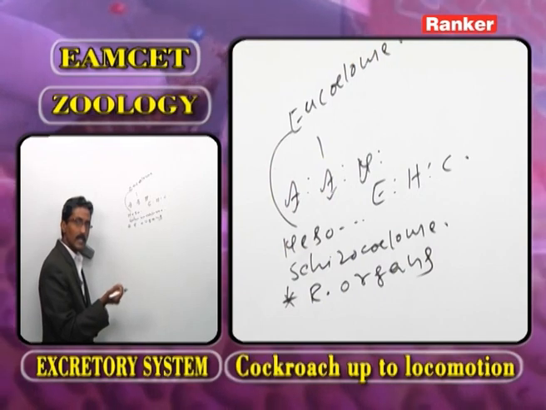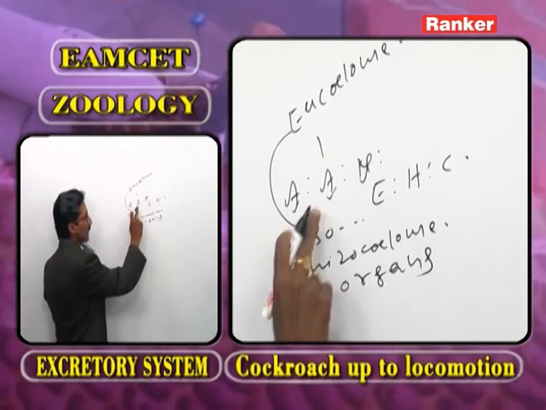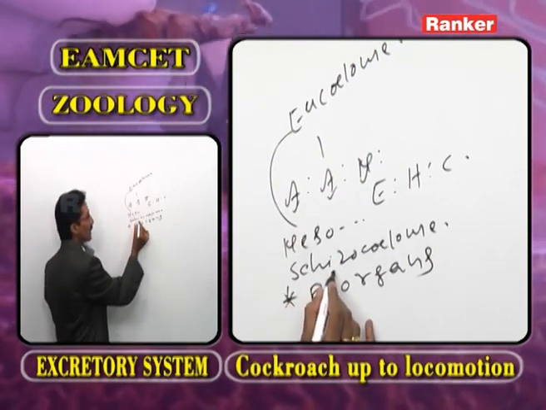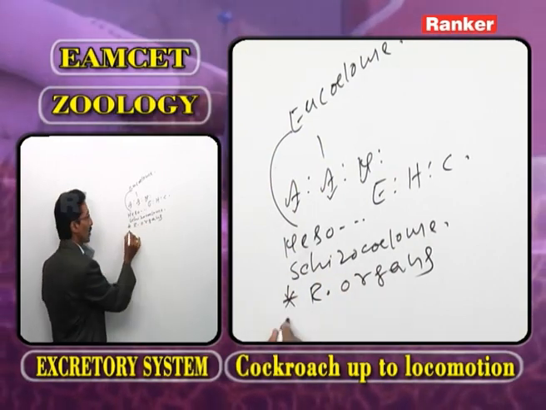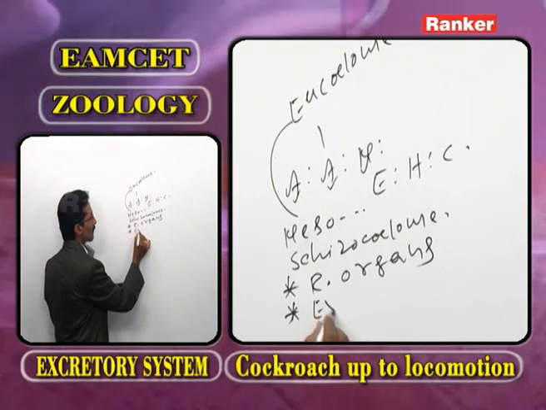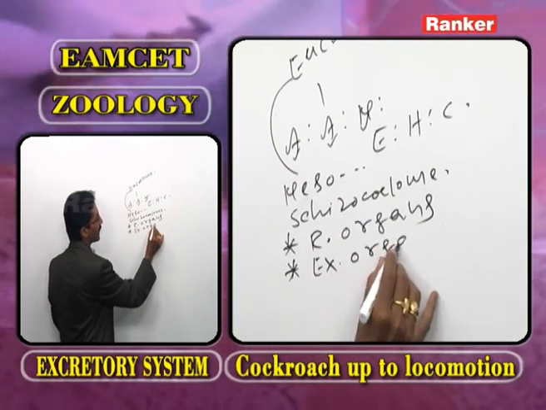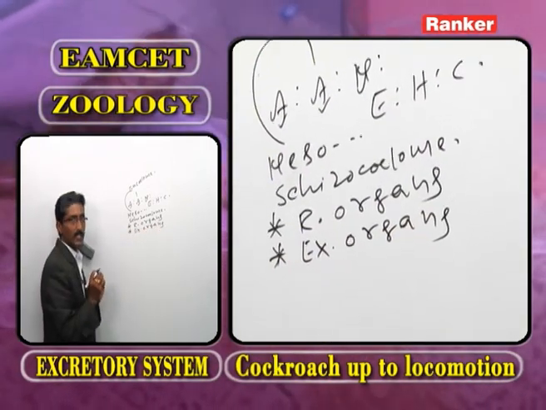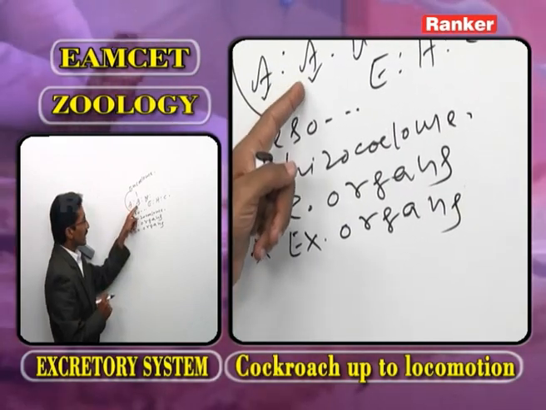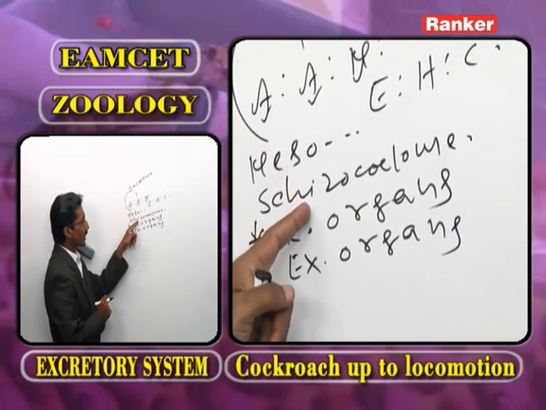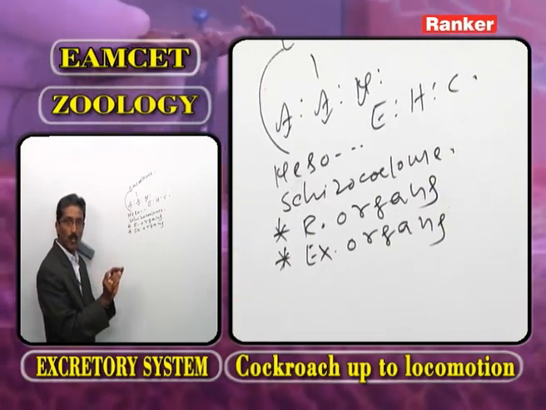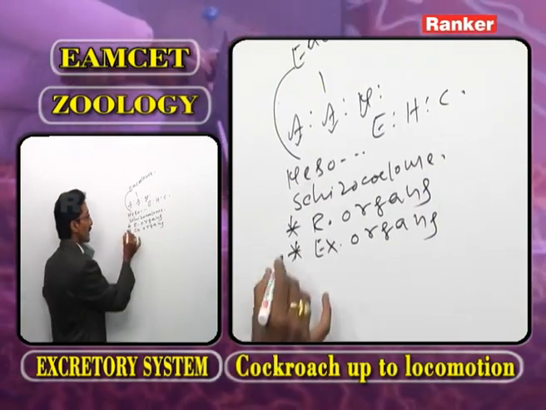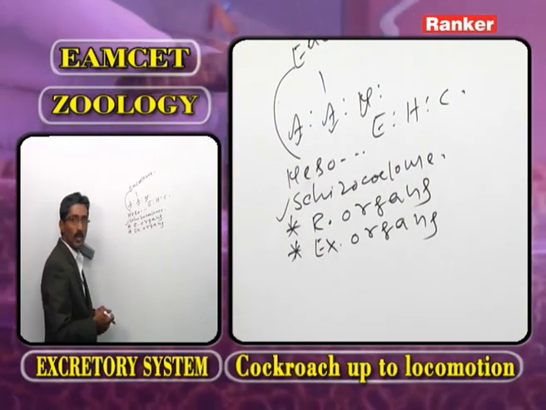What is the second correct answer? In the phylum Arthropoda, the schizocoel is not only confined to reproductive organs but also to excretory organs. In the EAMCET examination, in the phylum Arthropoda, the schizocoel is mainly confined to which organs? For that question, the answer is reproductive organs.